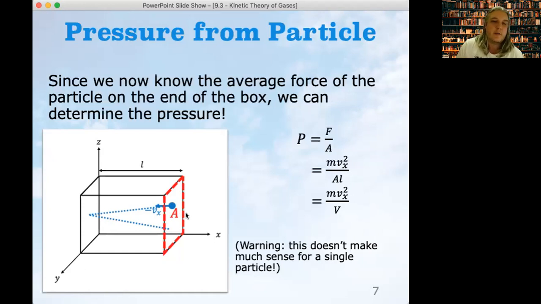So when we talk about pressure of a gas, we're talking about pressure in every direction, but for a single particle, the pressure that it applies to each inside wall of the box might be different. The two opposing ends will be the same, but the sides might be different. If it was just going back and forth, and if it didn't have any Vy or Vz, it would apply no pressure to the other sides, and that's obviously not what we expect from a gas. So it doesn't make sense for a single particle, but the maths is all valid.